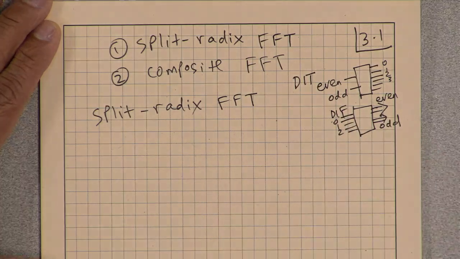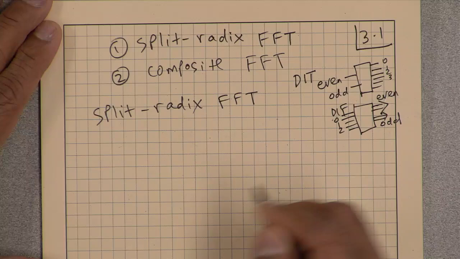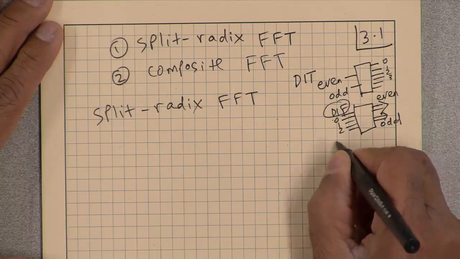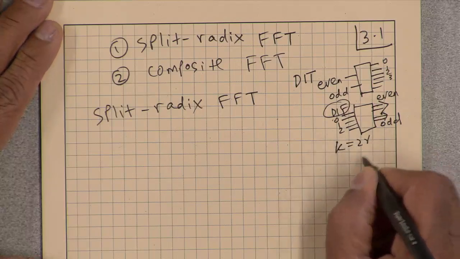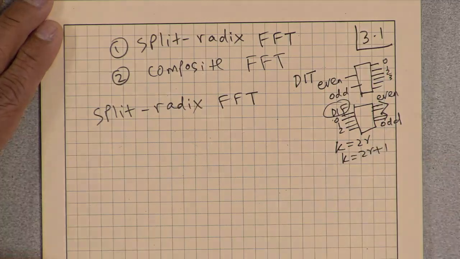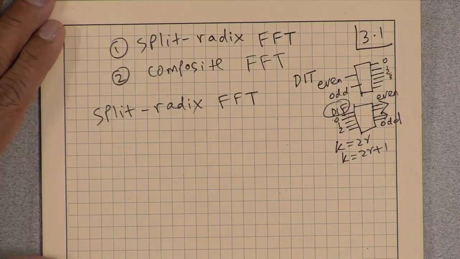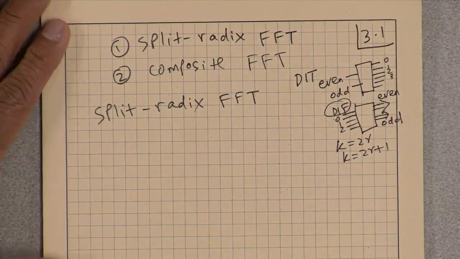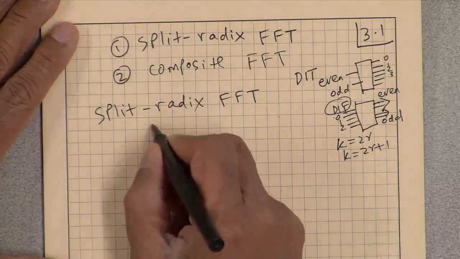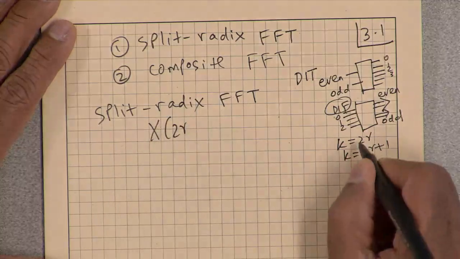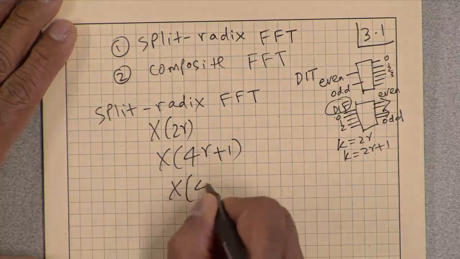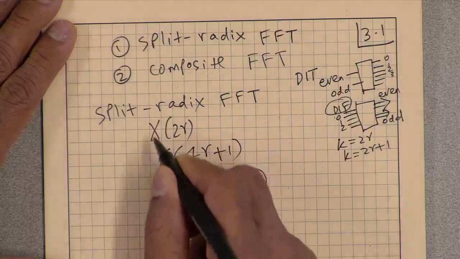Okay. So in any event, if you look at this DIT and DIF, here we explicitly used k equal to 2r to compute the even DFTs and 2r plus 1 to compute the odd DFTs. So the basic idea of split radix is to compute, instead of two equations, three equations. Think about that. That's really what we are doing.